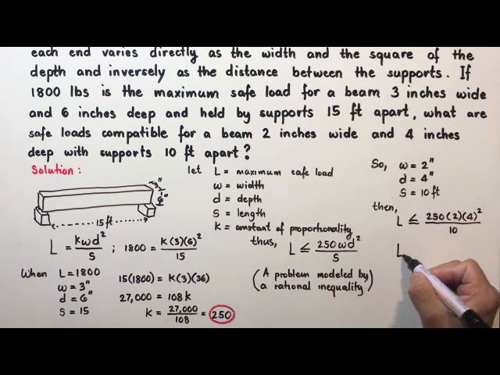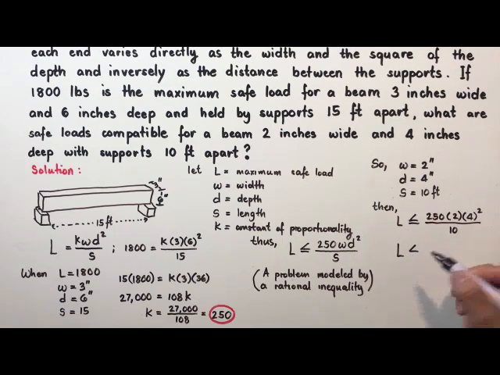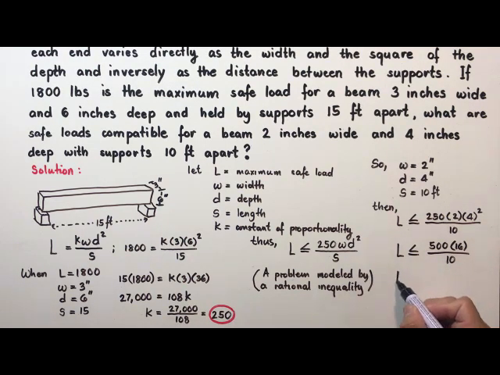So the load, which is equal or less than 500, because 250 times 2, that's 500, times 16, because 4 squared is 16, divided by 10. So the load, which is less than or equal to 500 divided by 10, that is 50 times 16. Or in other words, the load is less than or equal to 800 pounds.